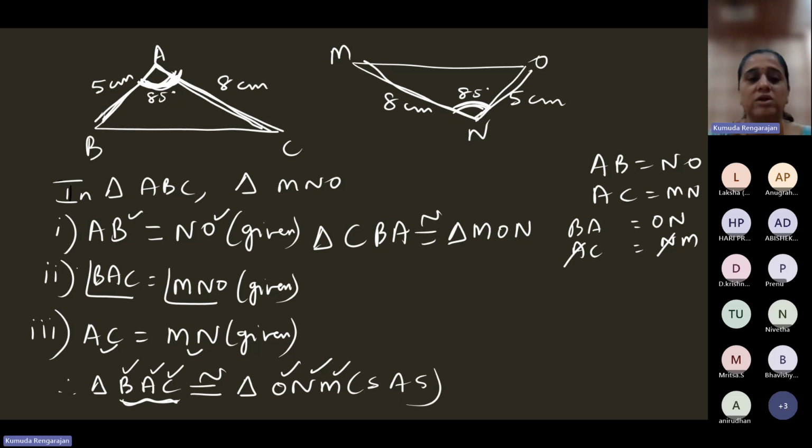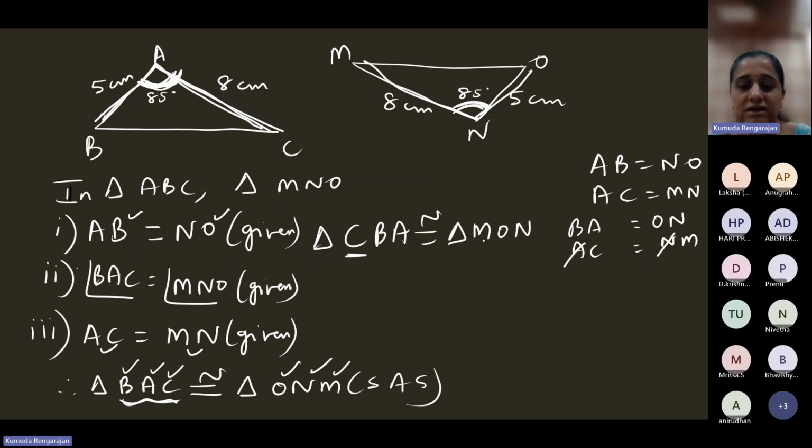So once you prove that the triangles are congruent, their remaining unknown corresponding parts will also be equal. So how do you identify that?